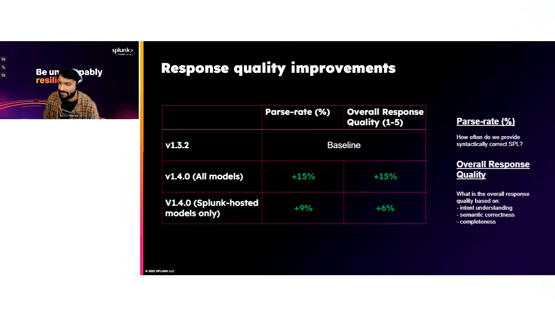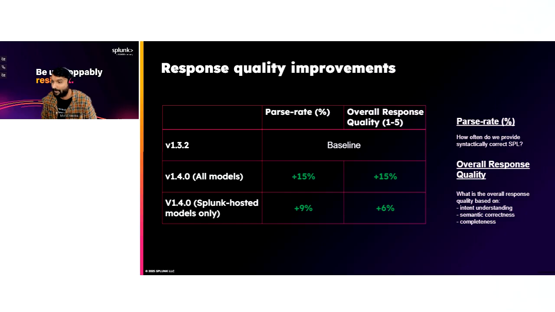What it means is how many times did we generate syntactically correct SPL. Now, SPL is a very powerful language, but it also gives you a lot of flexibility. There are many ways of doing something, right? It's often very dependent on the environment where the SPL is being generated. So it's very hard to guarantee that it'll always execute, but we always want to strive close to 100%.